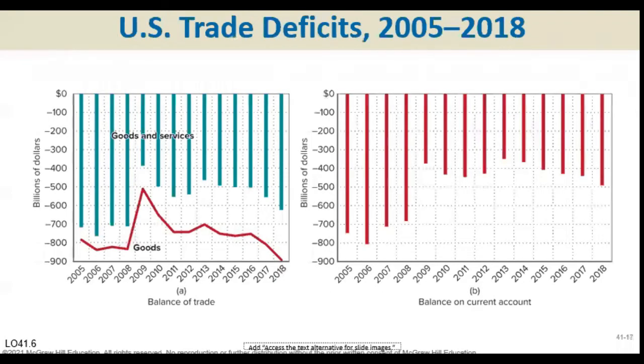So next, this graph illustrates the annual U.S. trade deficit for the period of 2005 to 2018. We know that the deficit peaked somewhere in 2006, and since then has declined.